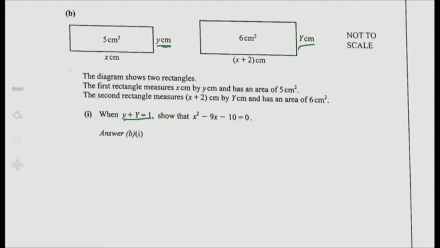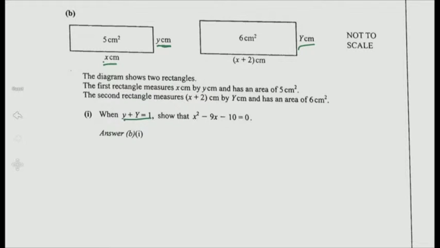So you can express the breadth, y centimeters, in terms of x, using that area there. So how can you express that breadth y in terms of x?